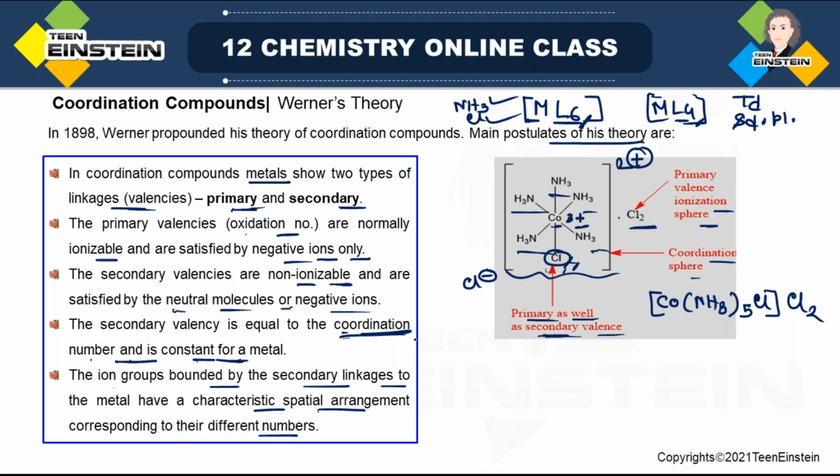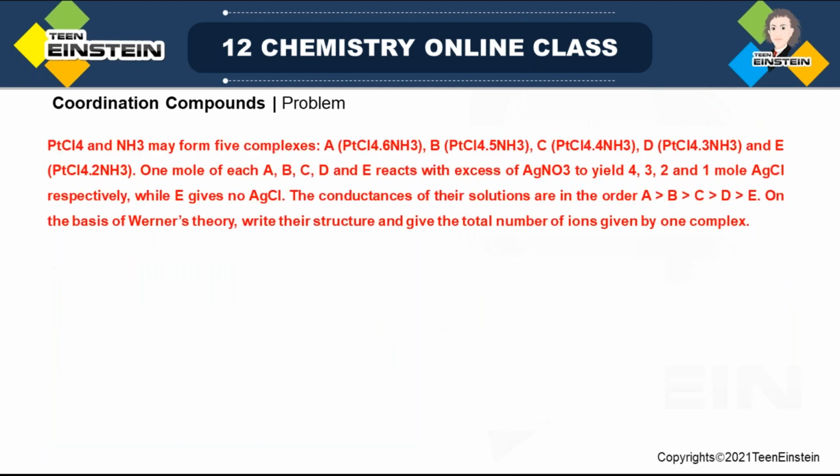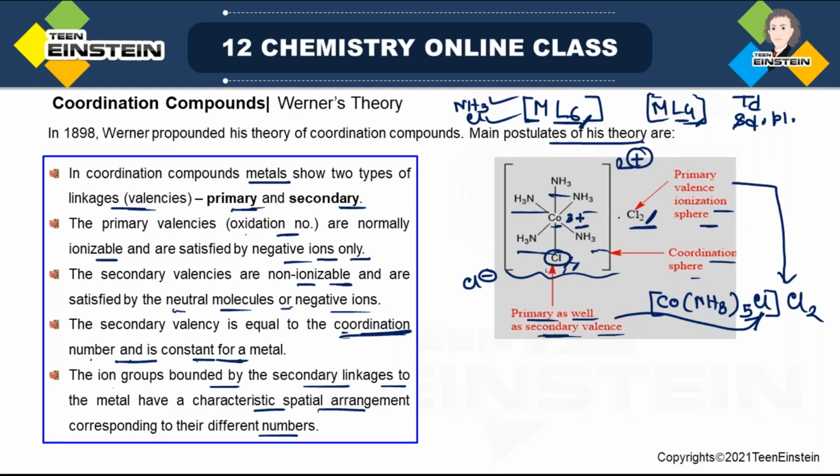So this ligand is primary as well as secondary valence, fulfilling both criteria. But the outside chloride is only primary valence. Is it clear? Any doubt in this slide?